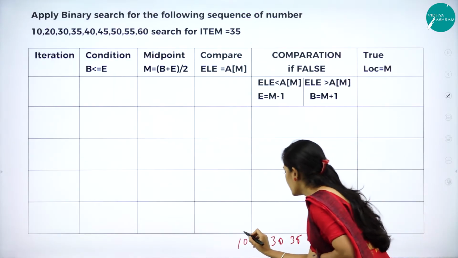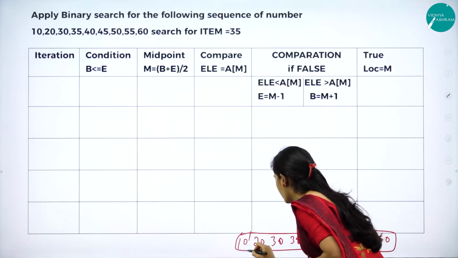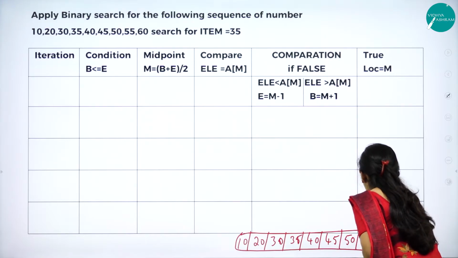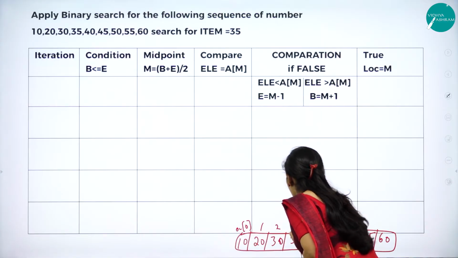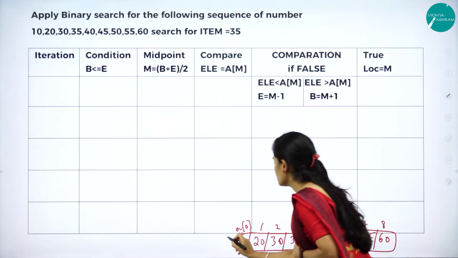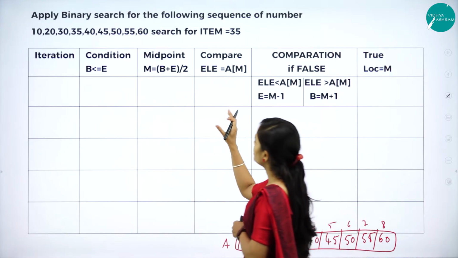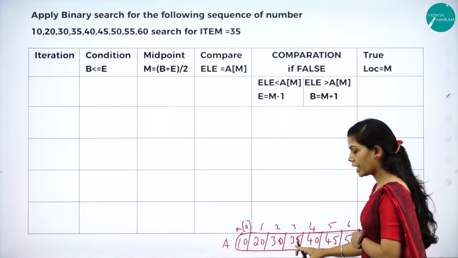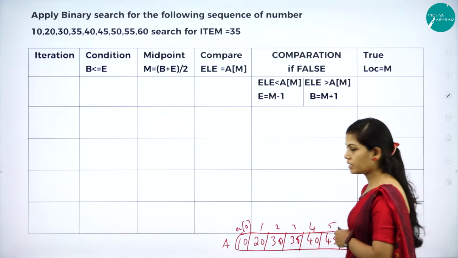Here we have 9 elements, A of 0, A of 1, A of 2, up to A of 8. So this is the name of the array. Here we have to find the position of the item 35.